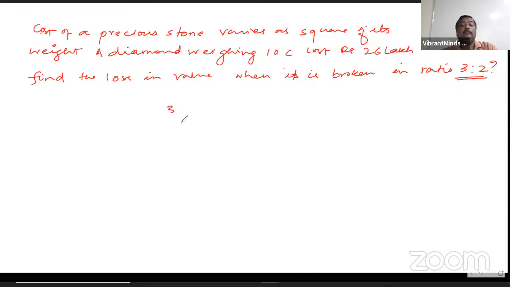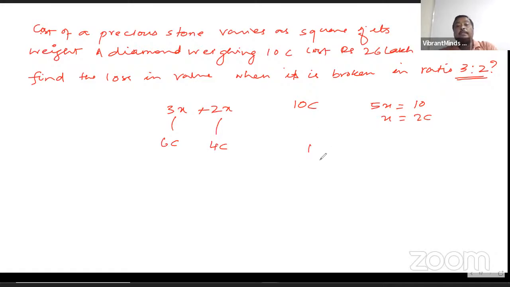Now see, after breakage it is 3x and 2x, but before breakage it is 10 carats. So 5x is equal to 10 carat, so x is equal to 2 carat. This will be 6 carat, and this will be 4 carat.